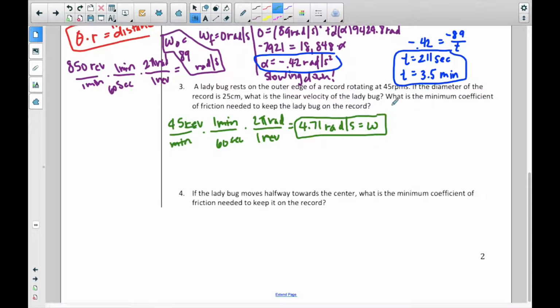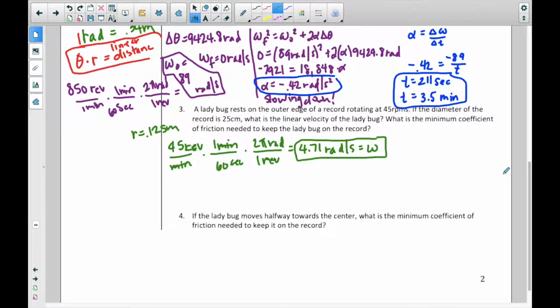If the diameter of the record is 25 centimeters, which means that the radius is 0.125 meters, then what is the linear velocity of the ladybug? One thing we can do is use that a little bit like we were doing before up here, that the angle times the radius would equal the linear distance.